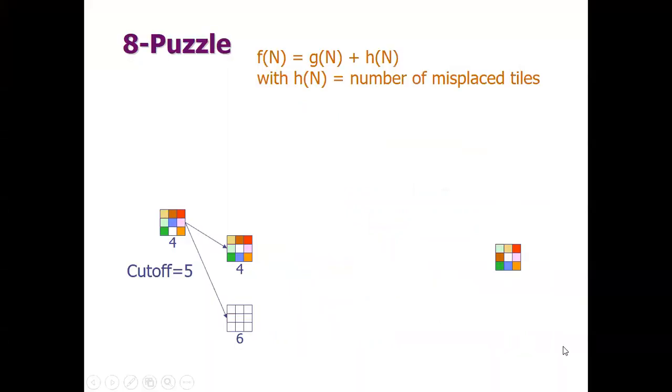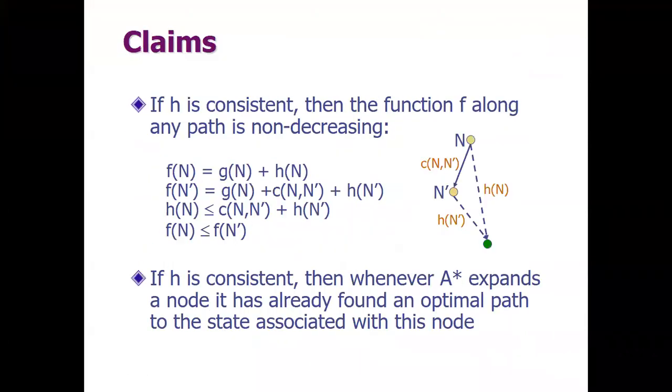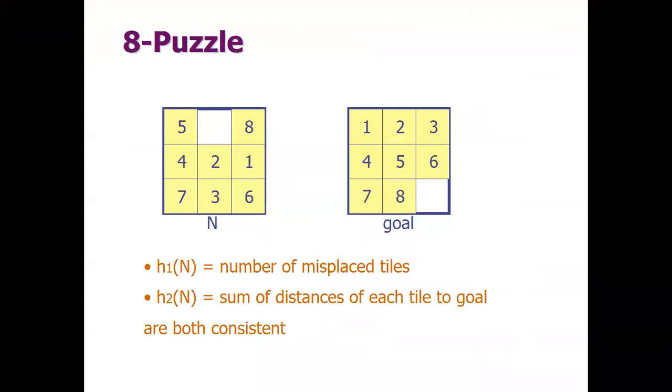So see here, this is an example of an 8 puzzle problem we are discussing. If you want to solve this problem using a heuristic search technique, then we should have a heuristic function.